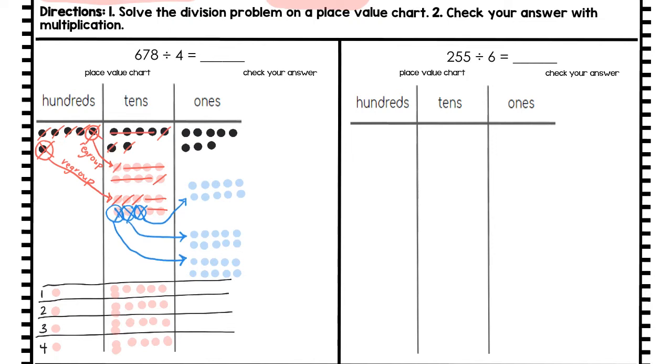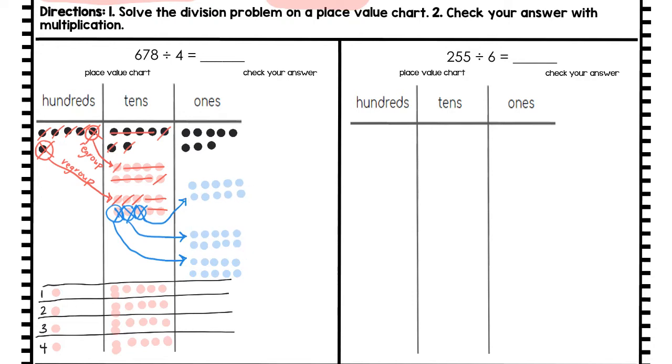Now I have a lot of ones. How many do I have? 10, 20, 30, 38. Can I split 38 into 4 groups? Yes, I can. This time I'm going to make smaller dots because I know there's going to be a lot in here. And I'm going to make sure that I put them in rows of 5. So here I can already see that I have 4 rows of 5.